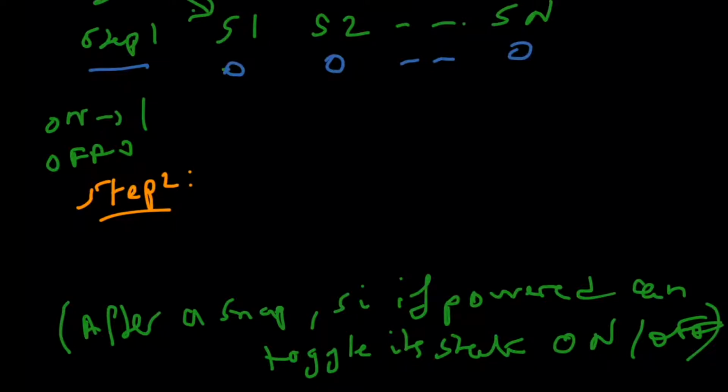Which means that if the user snaps and the snapper is powered, then if its state is on, it switches to off, and if its state is off, it switches to on.